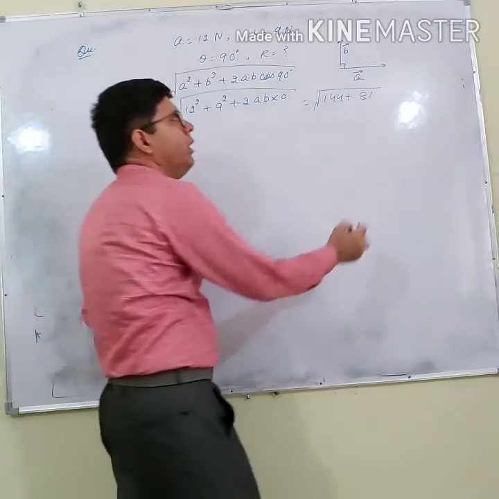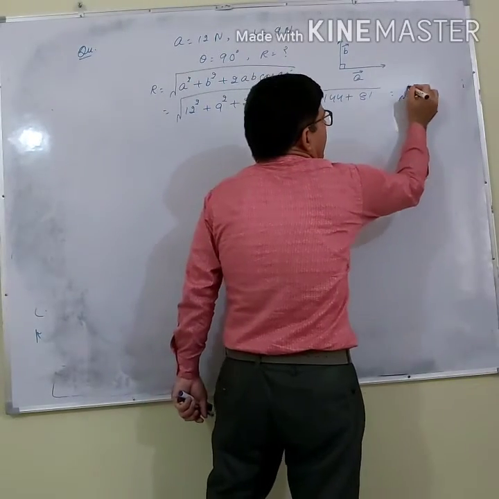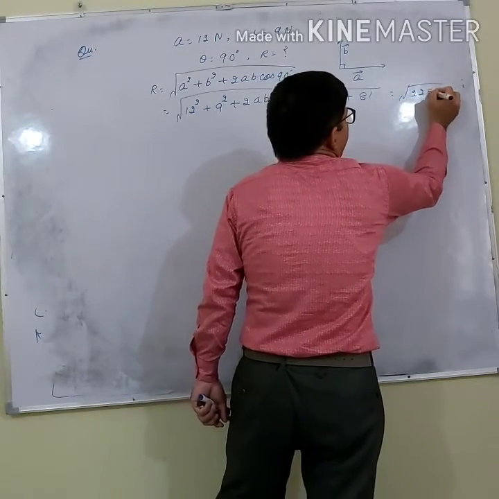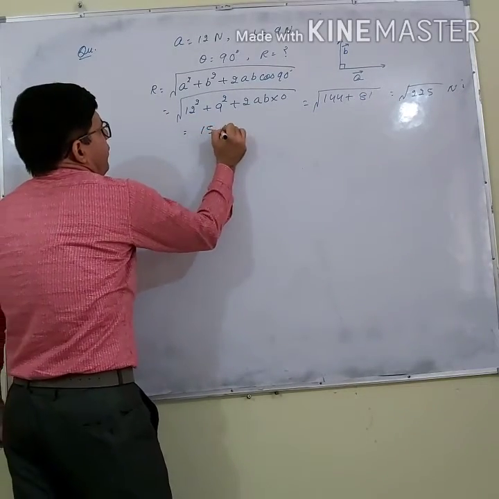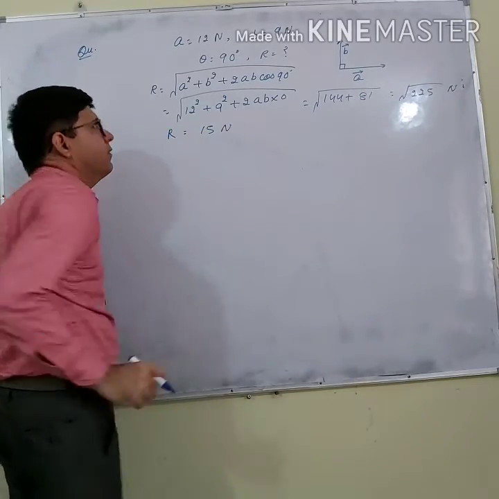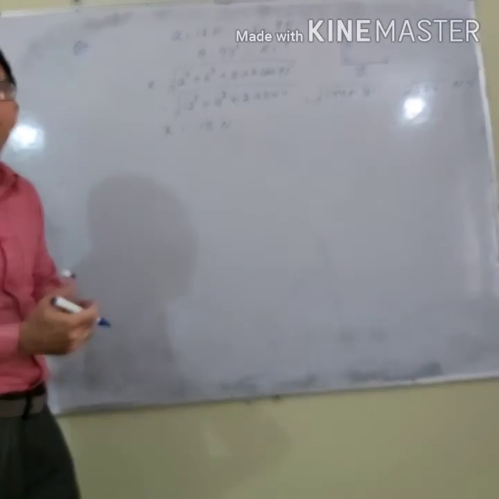When you total it, it will be 225, square root of it is 15 Newton. So its resultant will be 15 Newton.